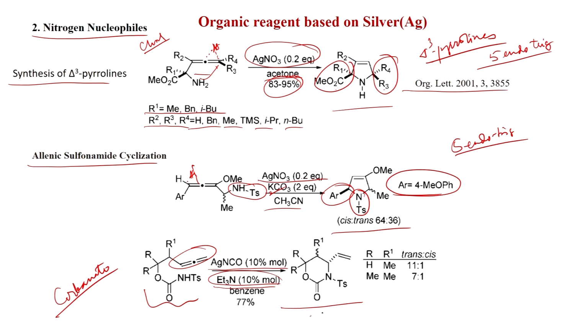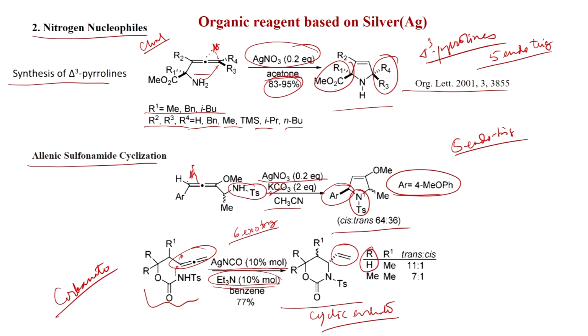So a cyclic carbamate is forming, and you see here this ring is only possible by 6-exo, because a 6 or 5 member ring you will form. So here 6-exo-trig cyclization is happening. Silver is coordinating here and this nitrogen is attacking here, and you get this double bond, vinyl group.